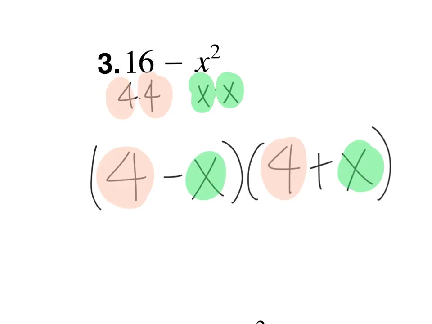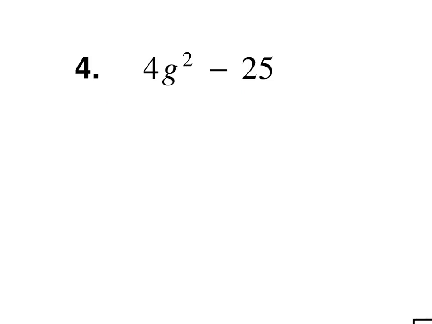So problem 4 is, again, while it doesn't necessarily appear to be, a difference of squares. And the reason this is a difference of perfect squares is because 4g squared is really 2g times 2g. Because 4 is 2 times 2, and g squared is g times g. And then the 25 is 5 times 5.